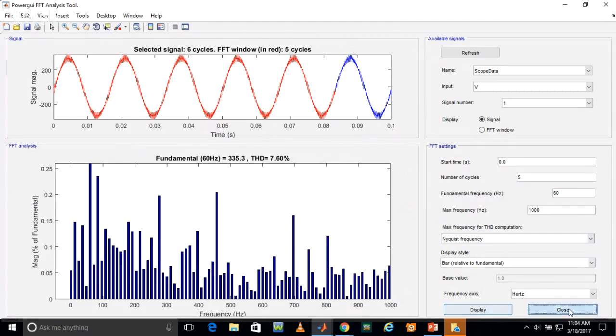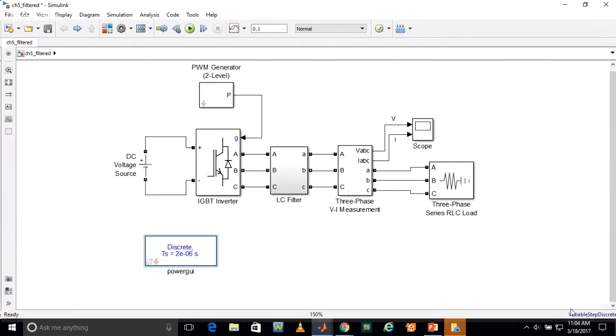But what's the main advantage in MATLAB? We can take any value of L and C, which is not the practical case, right? So we have to go for a multi-level inverter circuit and then apply the filter circuit. After applying the multi-level inverter circuit, the harmonics present in the output of the inverter will be around 12%, 11% if we go for the 11-level type.